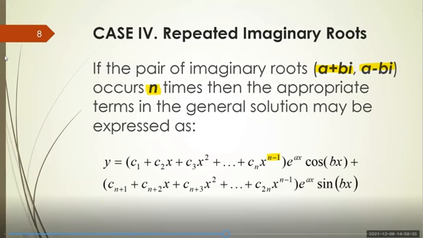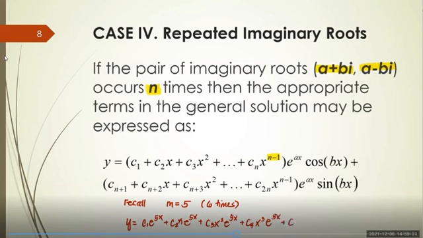So when you recall last time for repeated real roots, so recall if m, let's just say, is equal to 5, 6 times, how do we solve this before? y is equal to c1 e to the 5x plus c2 x e to the 5x plus c3 x squared e to the 5x plus c4 x to the third e to the 5x plus c5 x to the 4 e to the 5x plus c6 x to the 5 e to the 5x.